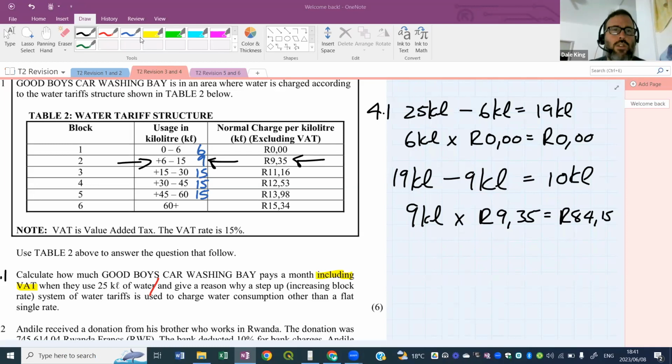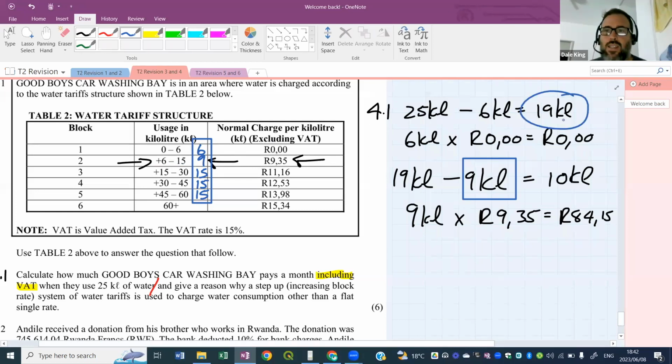So these values here that I put on the side, I'm recommending that you do that. You're not going to get marks for it. It's just a tip, because you see this 9 here that I've used. You would have to know that in block 2 there is 9 kiloliters of water, because I've got 19.